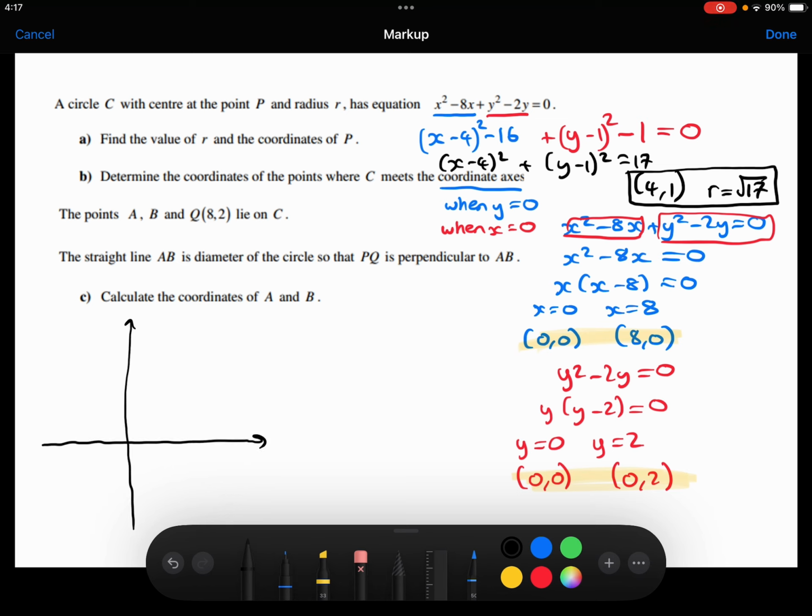Here's my coordinate axes. We've got our circle that's got a centre of (4, 1), which is roughly here, and a radius of root 17. We know it's passing through (0, 0) and (0, 2), and we know it's passing through (8, 0).